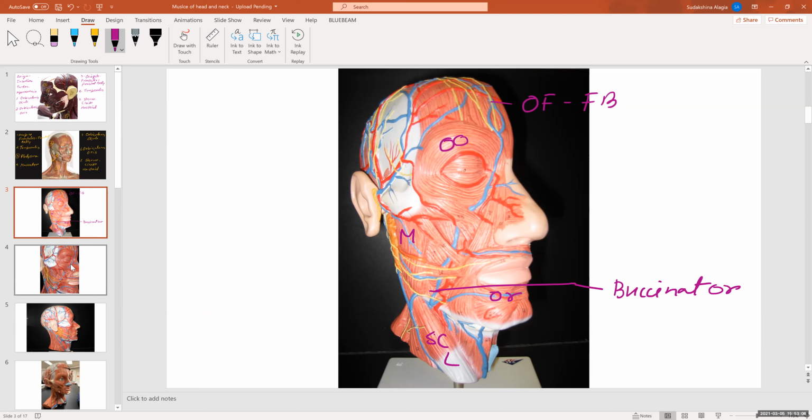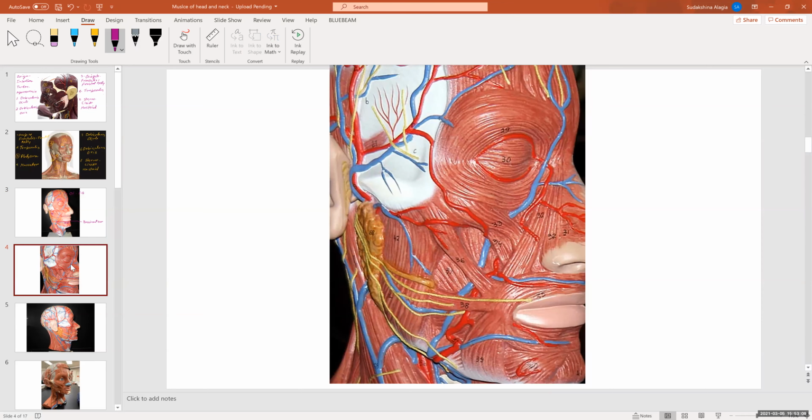Here is enlarged. You can see orbicularis oculi, orbicularis oris. You can see masseter, and here is this muscle right there. This is buccinator.